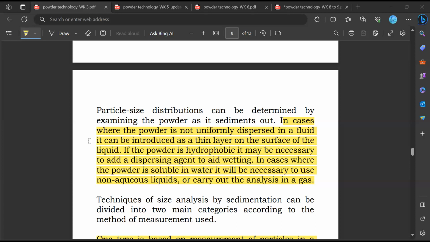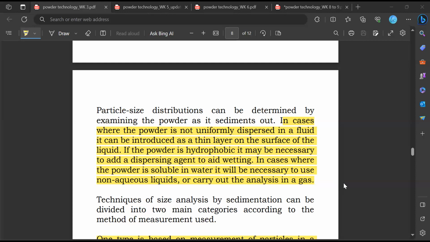That's one case. Second, if the powder is hydrophobic, then you can add a dispersing agent to aid wetting. And third, the powder is soluble in water, but you have to put it in a non-aqueous liquid to carry out the analysis, or you can even put it in gas.